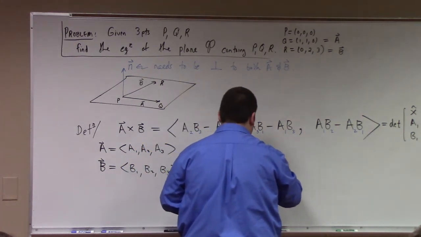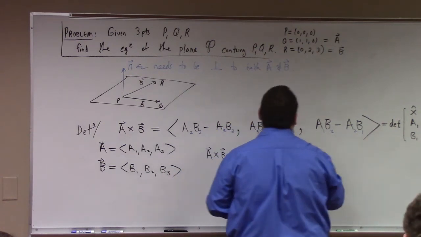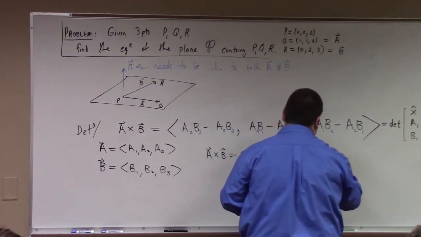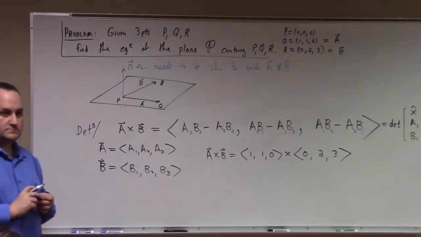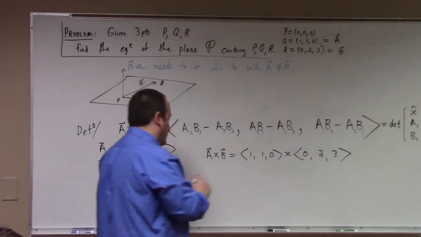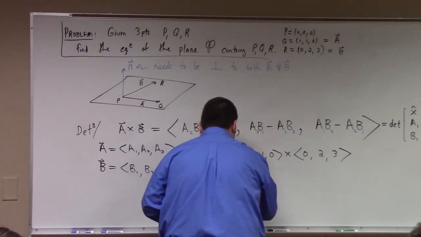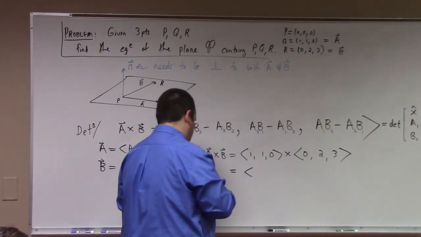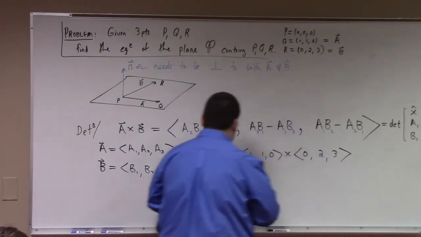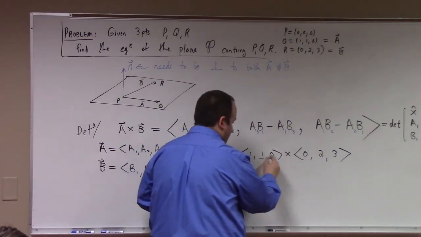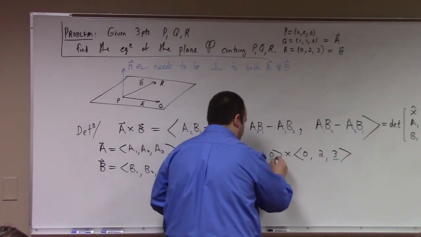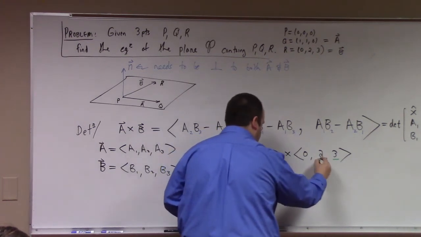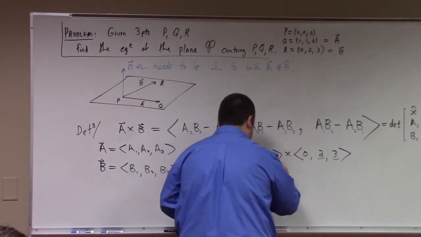(1, 1, 0) cross product with (0, 2, 3). All right. So let's see here. I do 2, 3, which gives me 3. And then 3, 2 gives me 0.